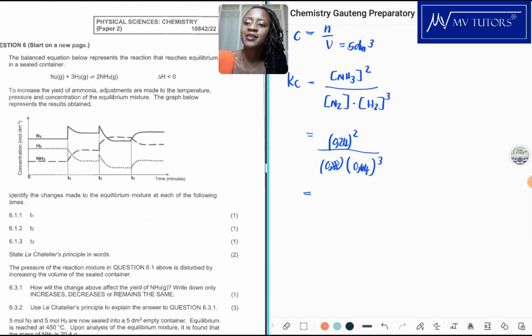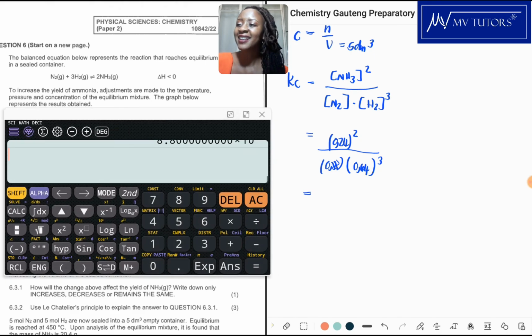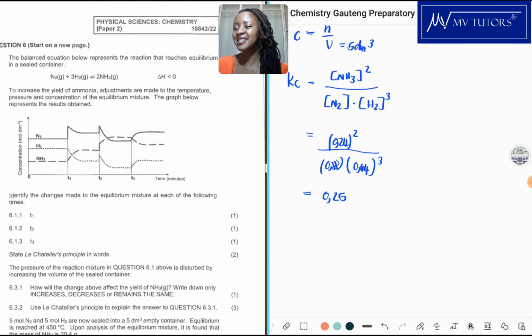Now we can get, finally, the Kc value. Okay, so we have 0,24 squared all over 0,88 multiplied by 0,64 to the power 3. And our answer is 0,25. Yeah, 0,25. And do we have a unit? No, we don't. And that is it.